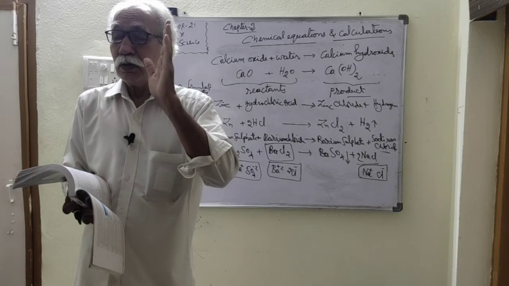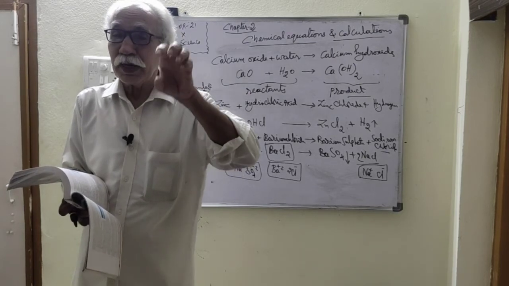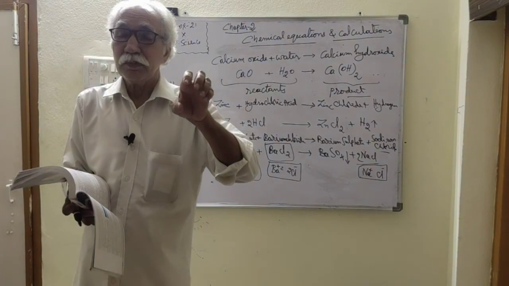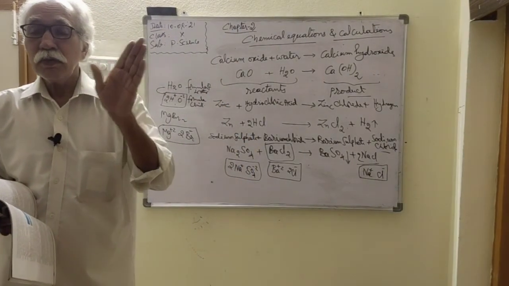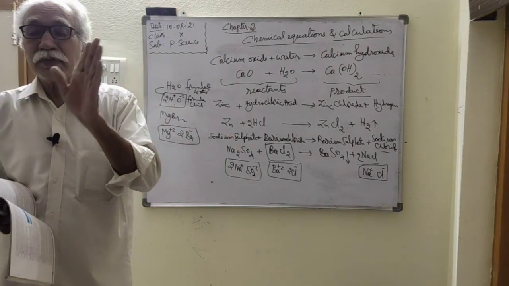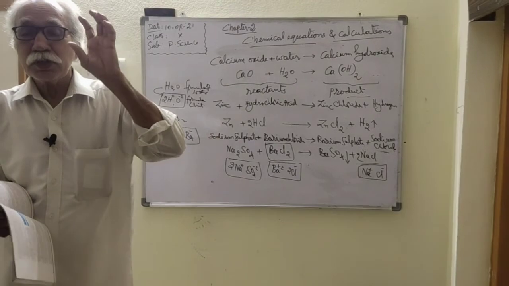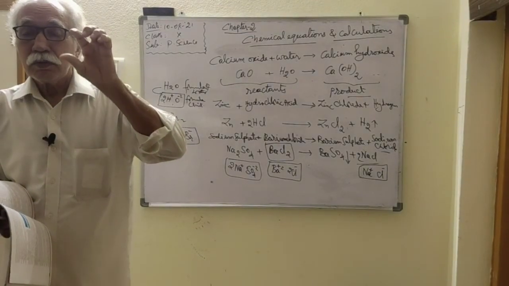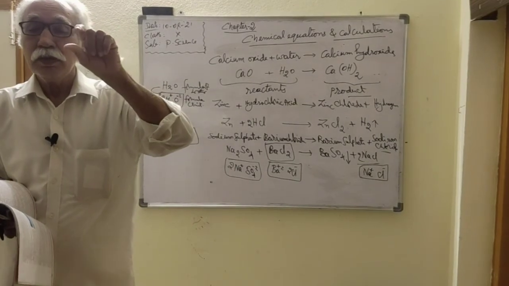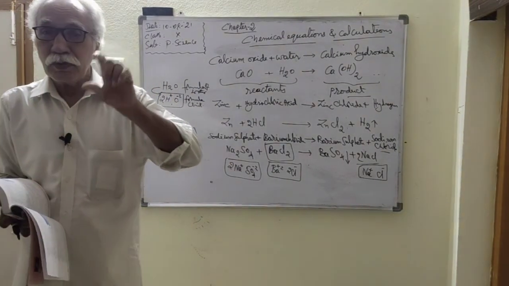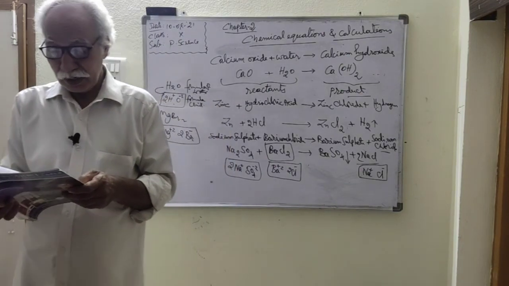We should always place a suitable number in the coefficient position to equalize the atoms of each element in the reactant and product side. That is the second step.